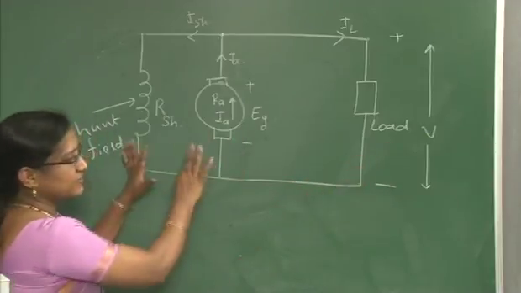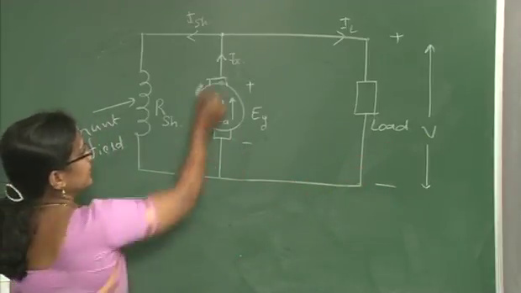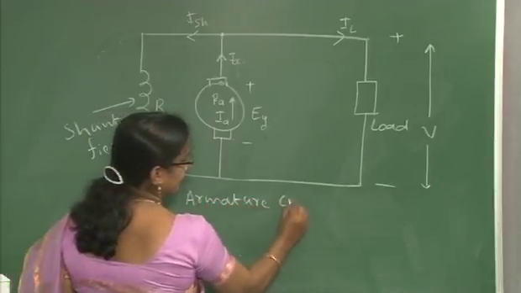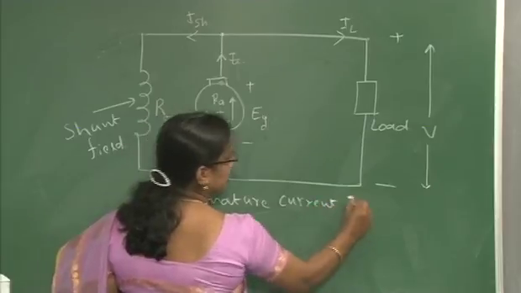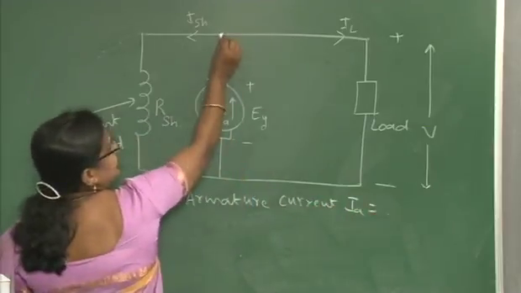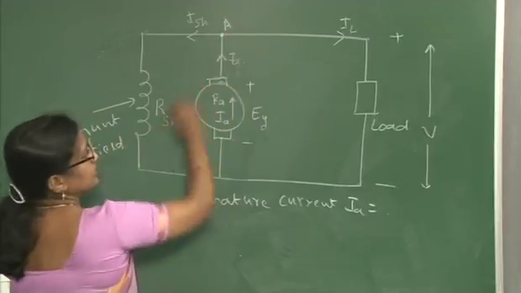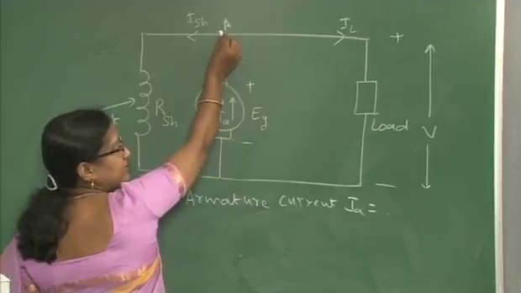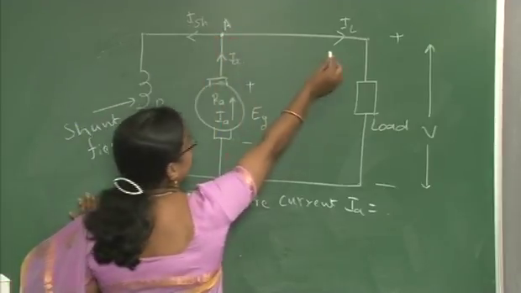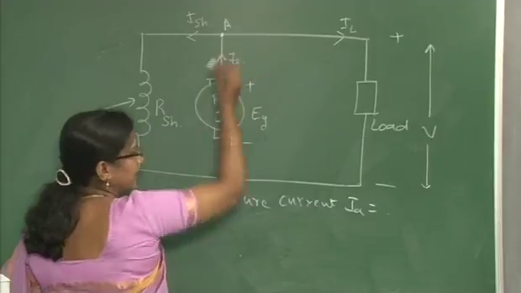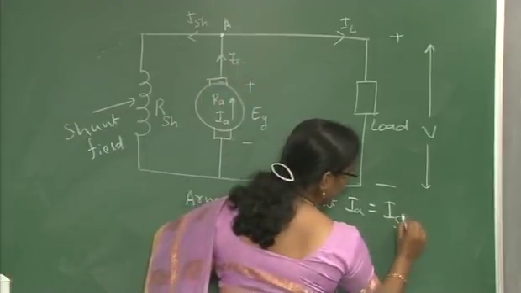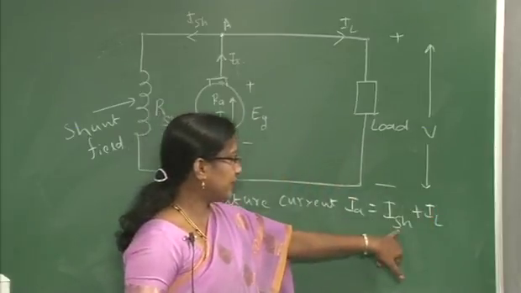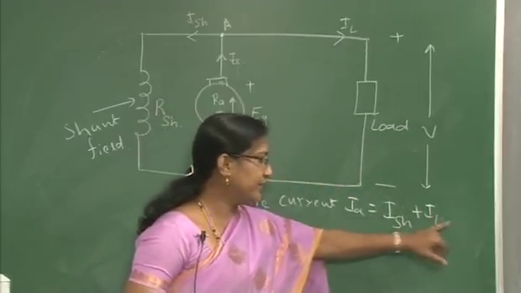As we see in this diagram, the armature current IA, according to KCL at this node A, is the sum of ISH and IL, because the currents leaving this node A are ISH and IL, and the current entering this node is IA. So, IA is equal to ISH plus IL. This is the current flowing through the shunt field and the current flowing through the load.